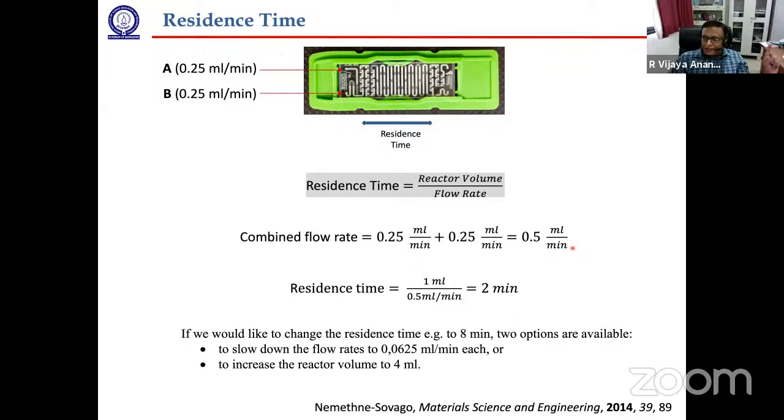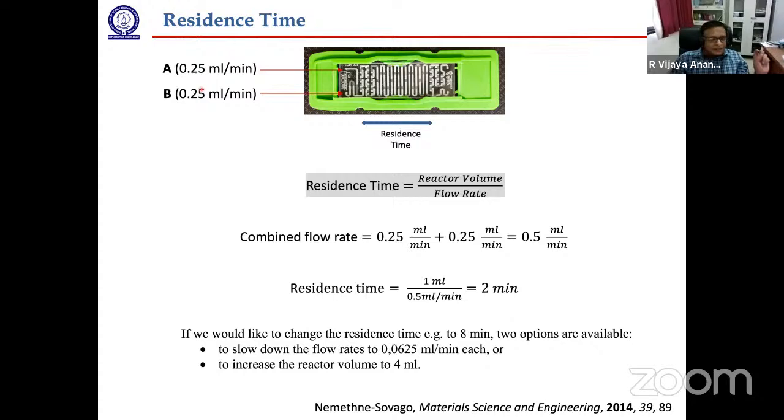If the capacity of this microreactor is 1 ml, you have to consider this formula. 1 ml divided by 0.5 ml per minute comes to around 2 minutes. Which means these two reactants stay in the microreactor for 2 minutes at a given point of time.